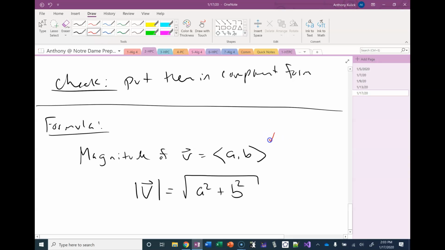Right? Remember, our vector is the point 0, 0, and AB. So if I want to find the distance from 0, 0 to AB, I take the square root of A minus 0 squared plus B minus 0 squared, which simplifies down into exactly our formula there, right? So this is just the distance formula.